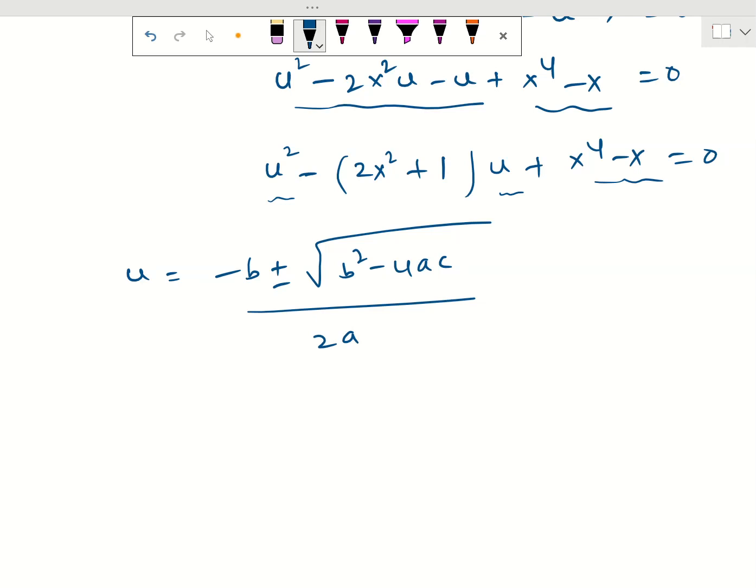So here in this equation, a is equal to 1, b is minus into the bracket of 2x square plus 1, and c is x to the power of 4 minus x, right?